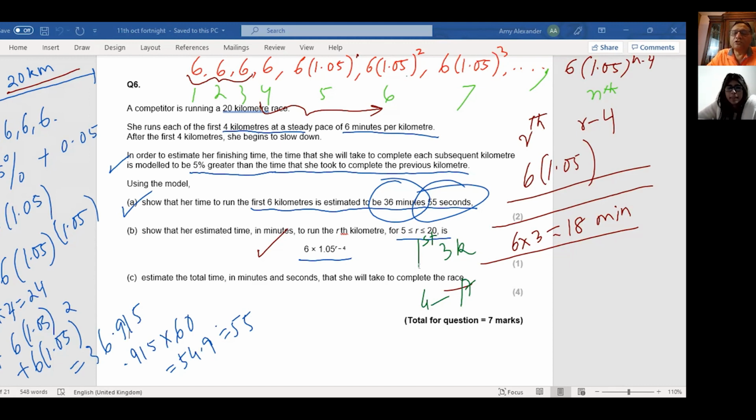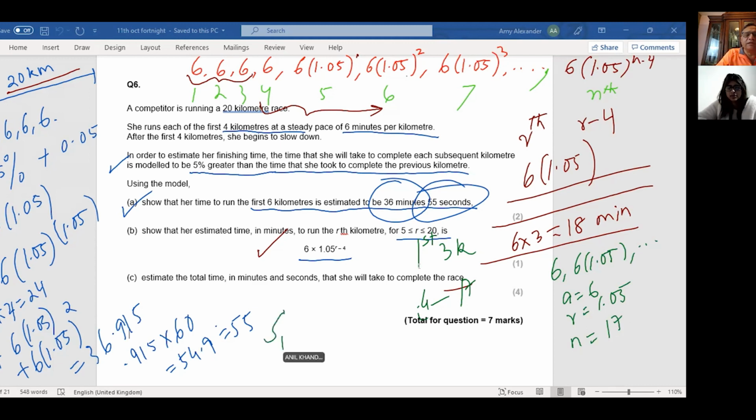So you can use the formula now, thinking this is your term number 1. Another series is 6, then 6 times 1.05, and so on, where a is 6, r is 1.05 and the number of terms n is 17. Use your formula.